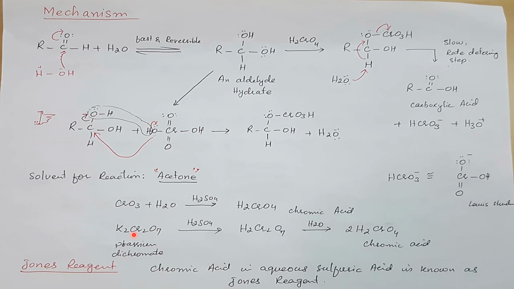The other source is potassium dichromate, and if we mix it with sulfuric acid, then we will get H2Cr2O7, which on interaction with water will convert into the chromic acid, right?